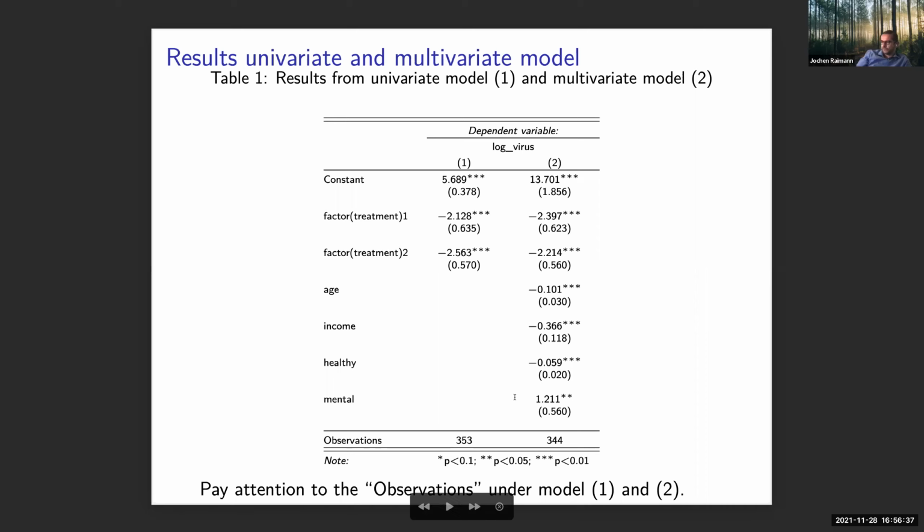Here 353 observations were used to analyze the effect of the treatment on the viral load. When including additional variables, you also increase the probability of missing values, and indeed there are missing values. For that very reason, these cases entirely drop out, and this reduced our observation count, or sample size, from 353 down to 344.